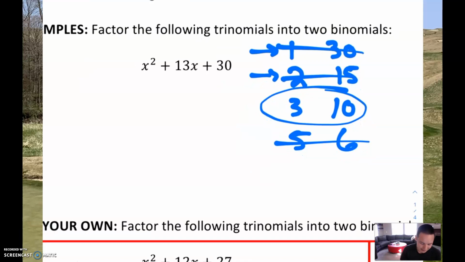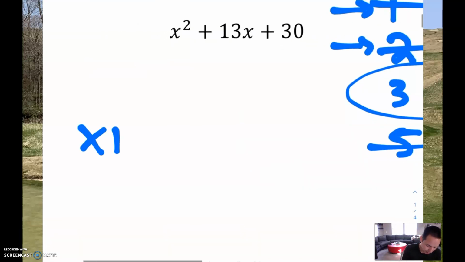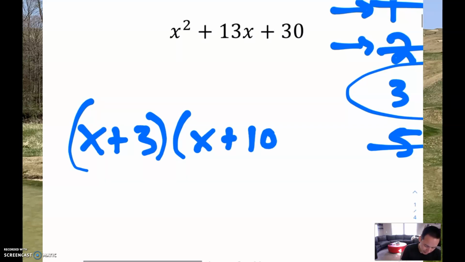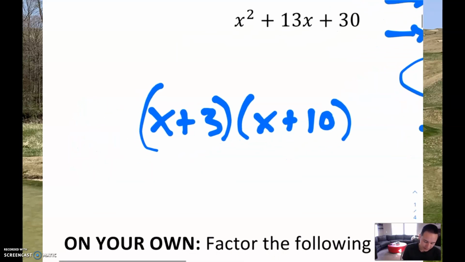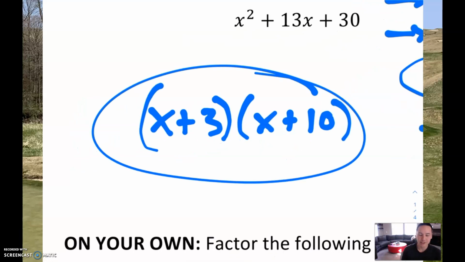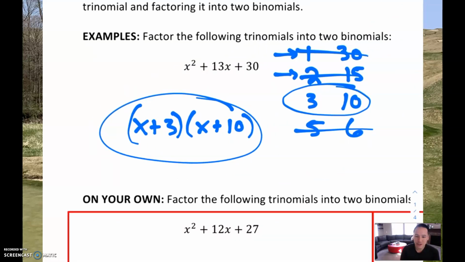Here's how easy the final step is. x plus 3 times x plus 10. Just rewrite them as 2 binomials. x plus 3 times x plus 10. And once again, the nice thing about this is you could always check your answer.